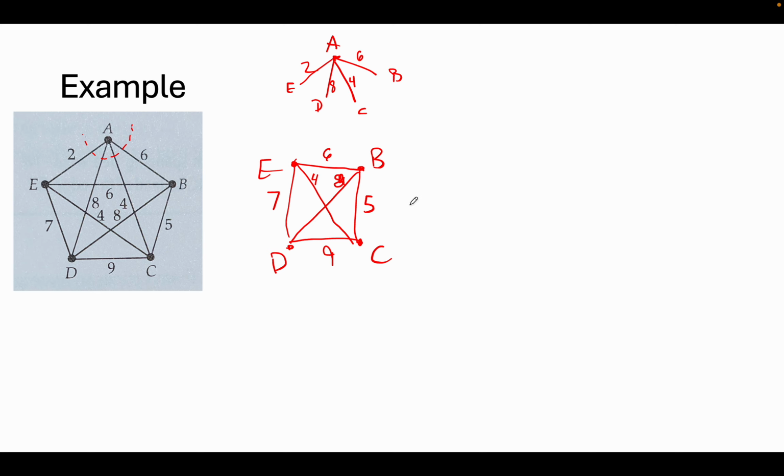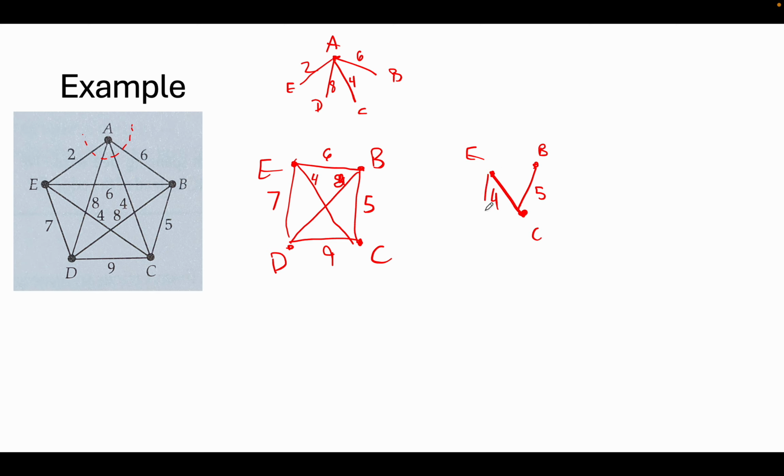So now we just need to find the minimum spanning tree of this graph, which we can do with either algorithm. Maybe let's do Kruskal's. And so this gives us the smallest edge is EC, which is 4. And then the next smallest is BC, which is 5.